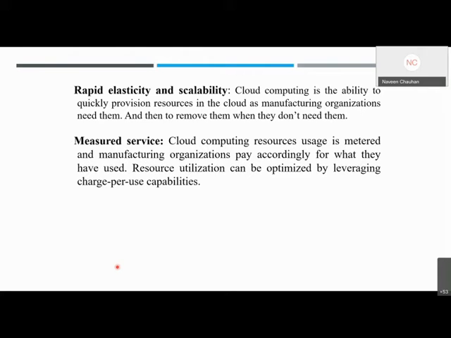The last in this series is measured services. Obviously, we are talking about metering. As in one of the last slides, we saw the water distribution system or the electricity distribution system.